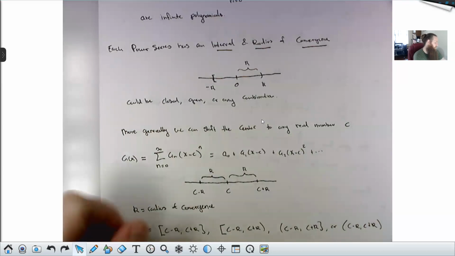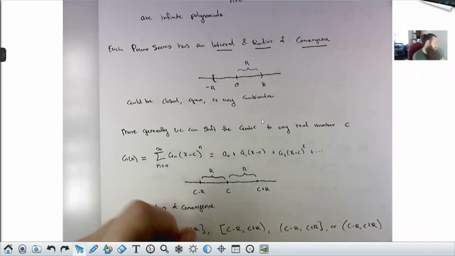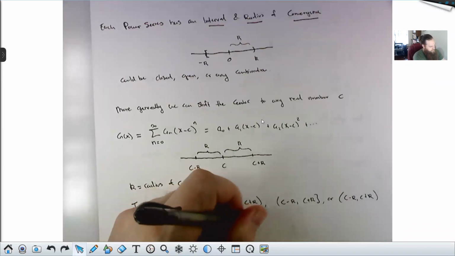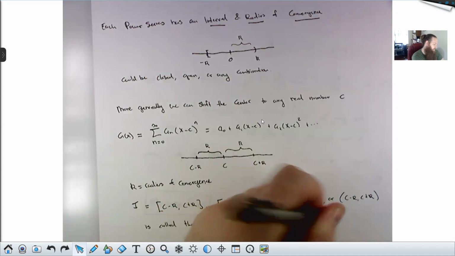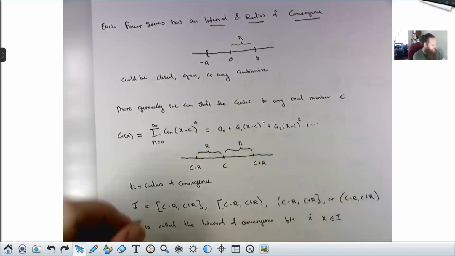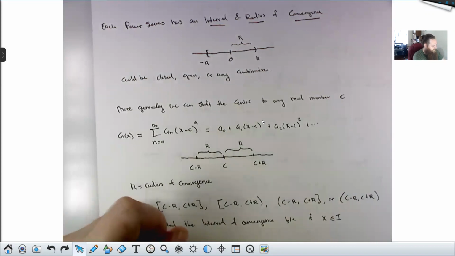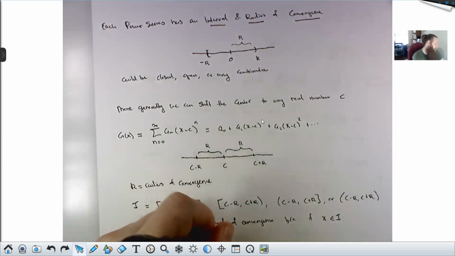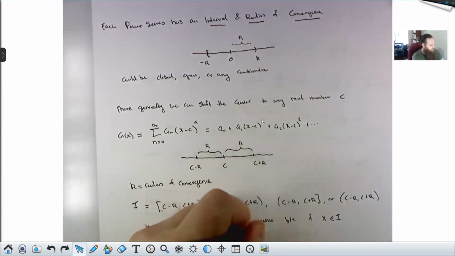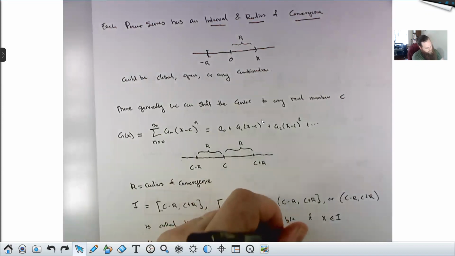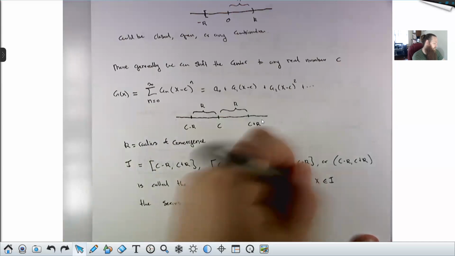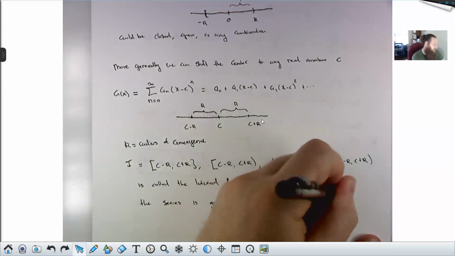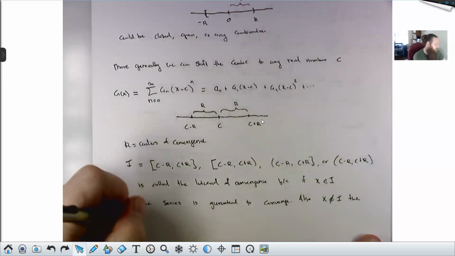It's called the interval of convergence because if X is in that interval, the series is guaranteed to converge. And what's more, if you take an X that's not in that interval, the series will diverge.